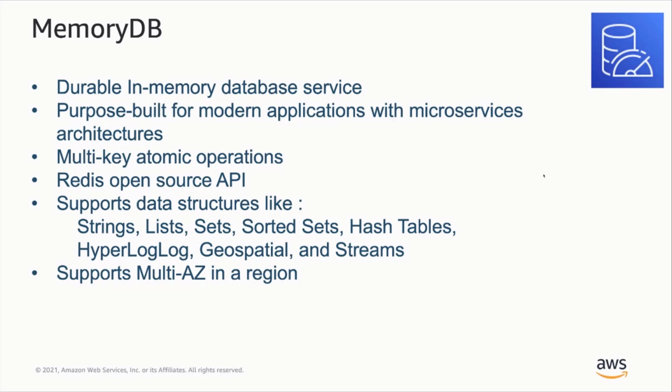When we are building a microservice architecture, we need to choose different types of data representation, in other words, different data structures that are suitable for those microservices. So MemoryDB provides a wide variety of data structures, which could be suitable for different types of application needs. And MemoryDB does support multi-AZ deployments as well.